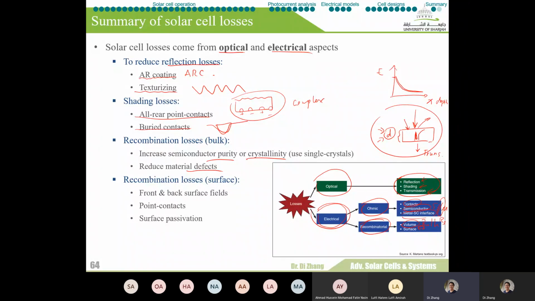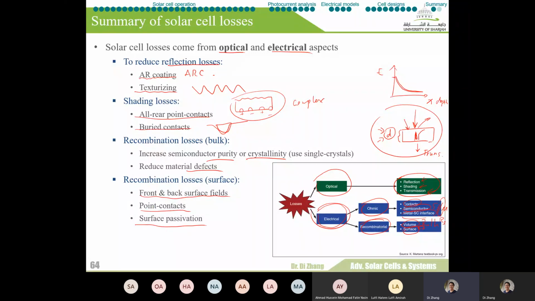Another equally important source of recombination losses is the surface recombination loss. So how do we reduce the surface recombination loss? We can use the front and back surface field that we just mentioned. We can also use point contacts to reduce the area of the surface.